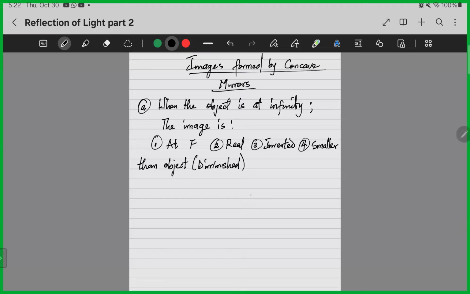This is our concave mirror, and I know that there is always a principal axis. Let me try to do that again.